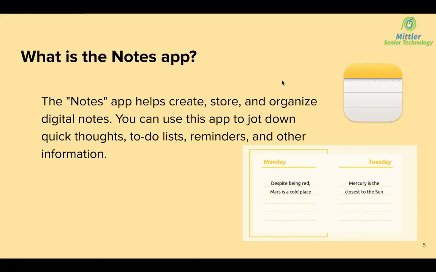Or there's other features, like if you want to create a checklist, you go to this little icon. It's a little checklist, like two lines with two circles, and one of them has a check filled in. You click it, and you can make a checklist. Let's say I have a to-do list: teach seniors about Notes app.